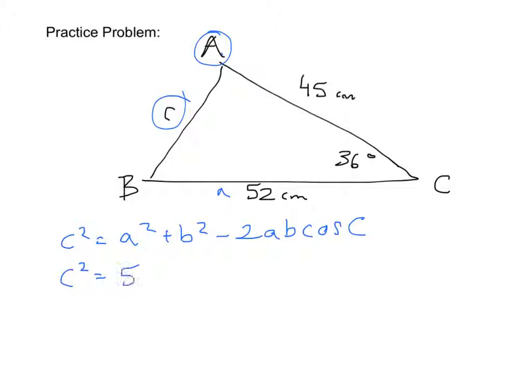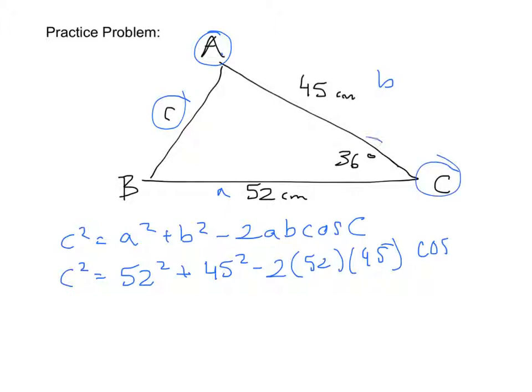So we have 52 squared, and then this is going to be b, plus 45 squared minus 2 times 52 times 45, so that's a and b again, times cosine of angle C, which is here, so that's going to be 36 degrees.